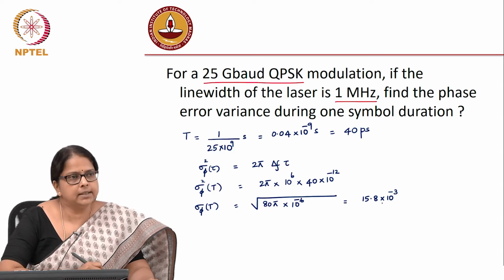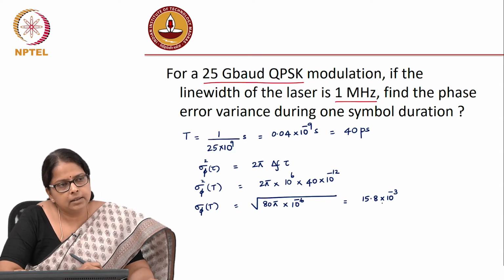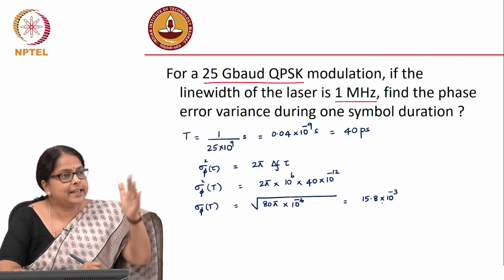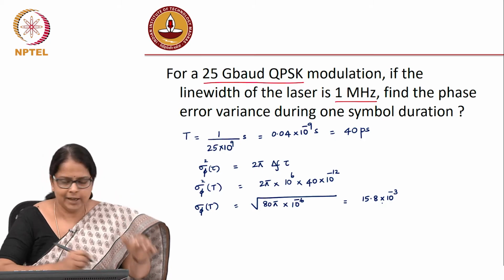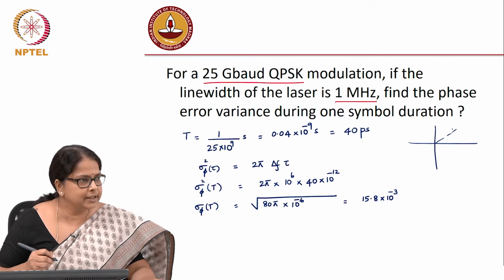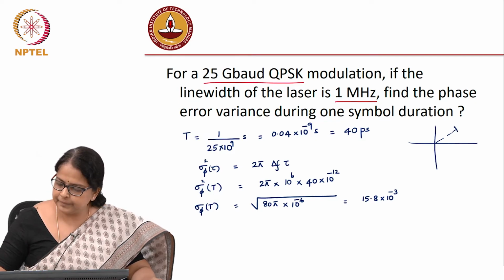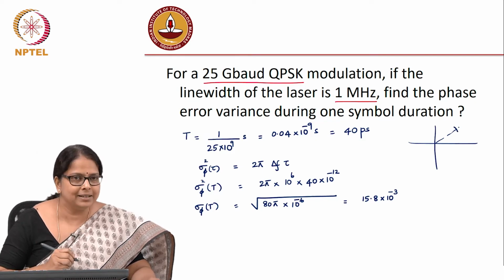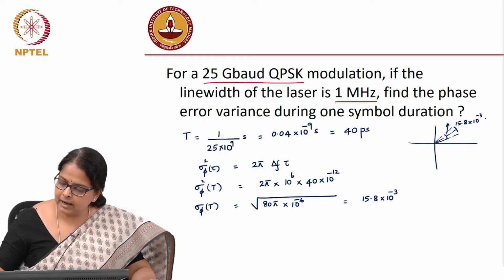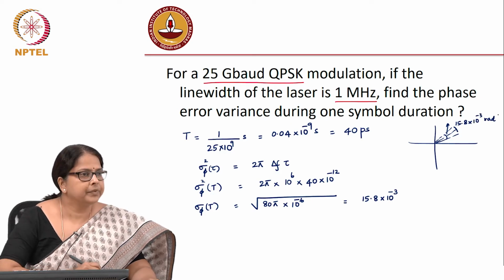And what unit is this in? This is a standard deviation of what? The phase error. Okay. So, if I have, let us say, this is my base phase, the standard deviation of the spread is going to be 15.8 into 10 power minus 3, and that should be in radians.